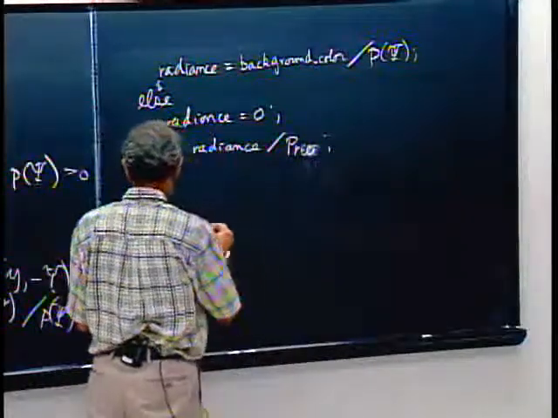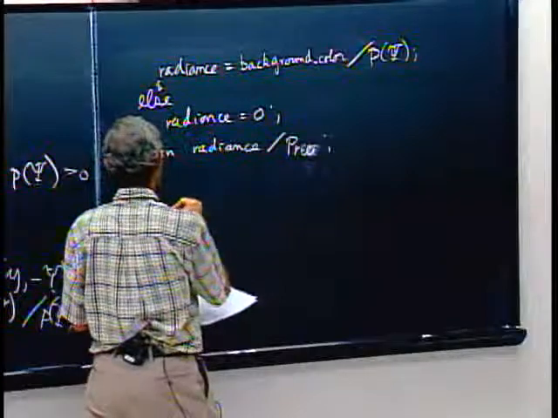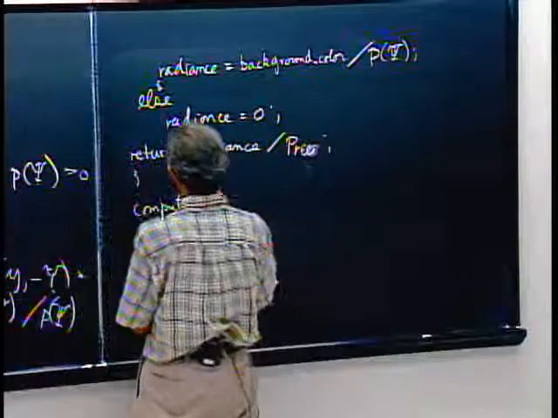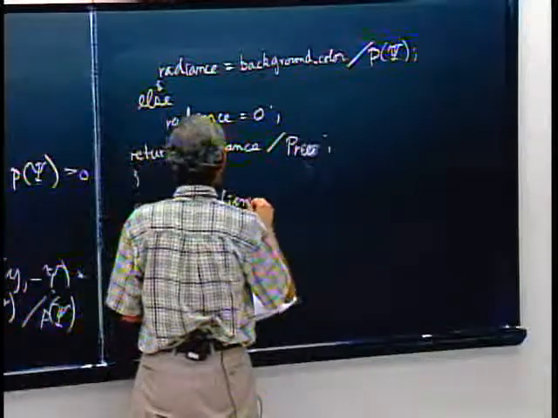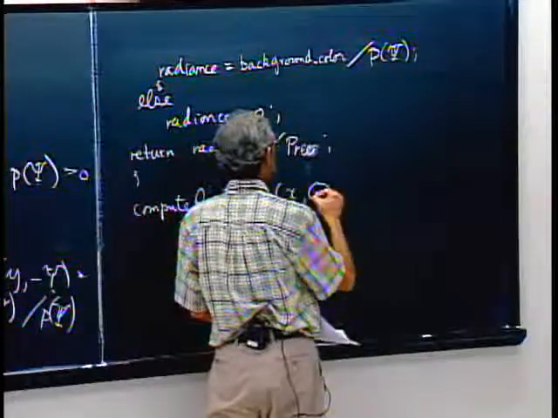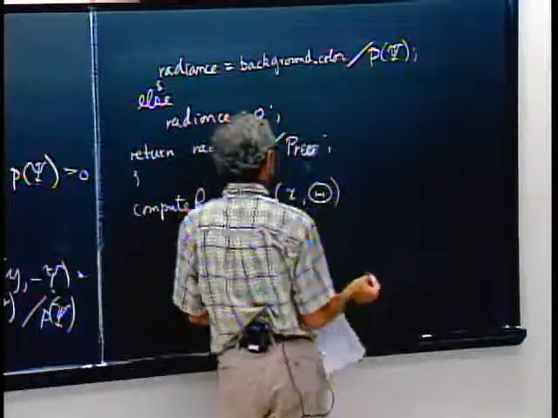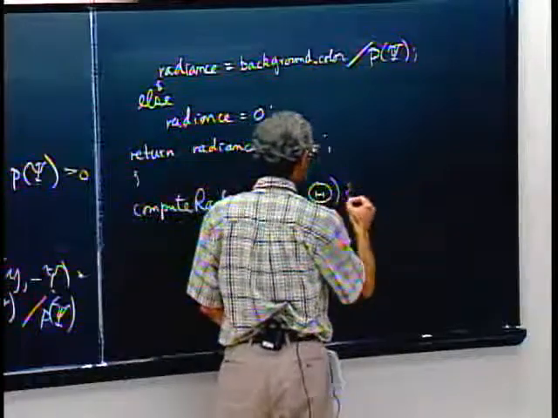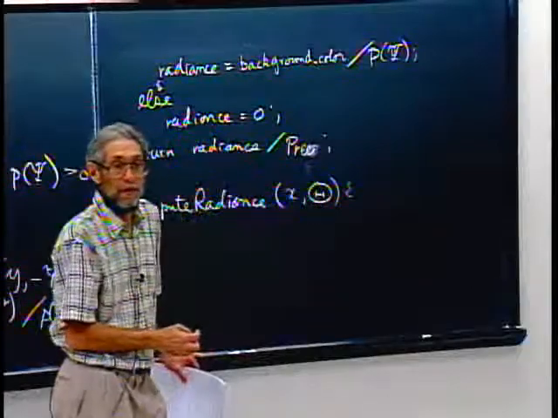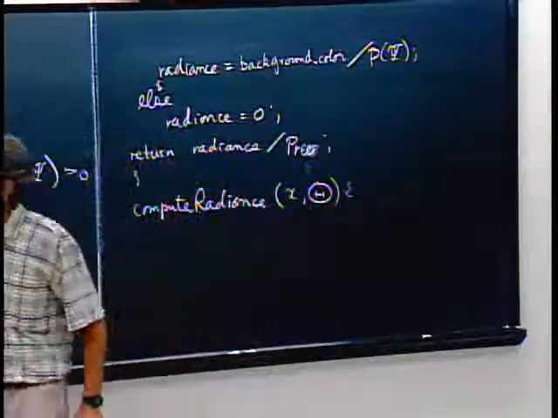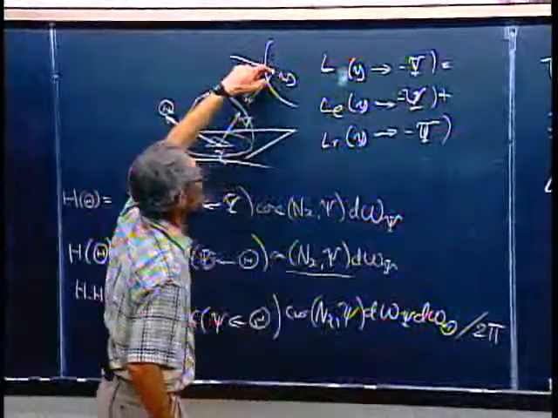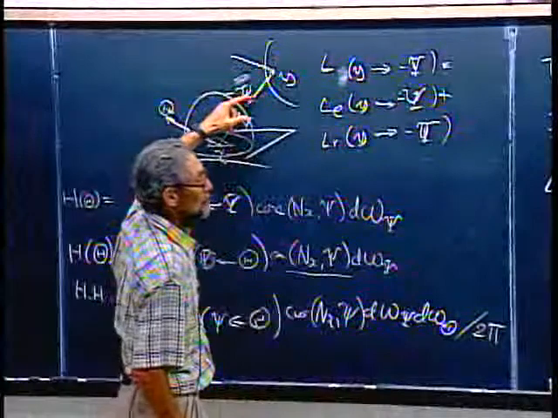But I still have to tell you how to compute the radiance. Compute radiance. And now this is at y and the direction psi, but I'll still call it x and theta, partly for consistency with the book and partly because it makes sense to use a generic thing. But really, what we're trying to do is compute the radiance in the call at this point, leaving in that direction.